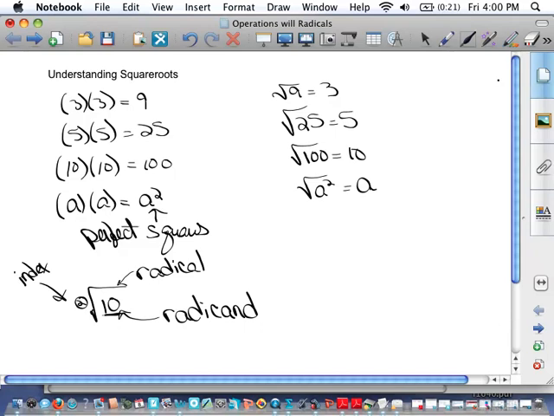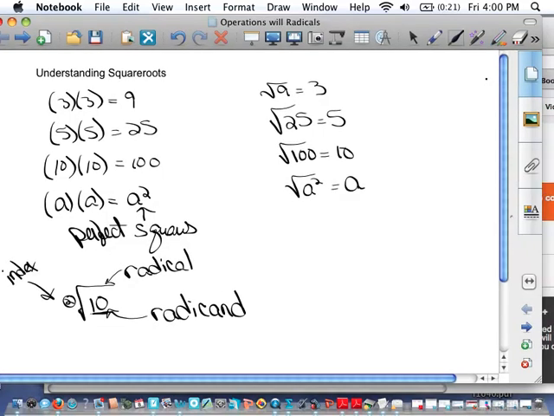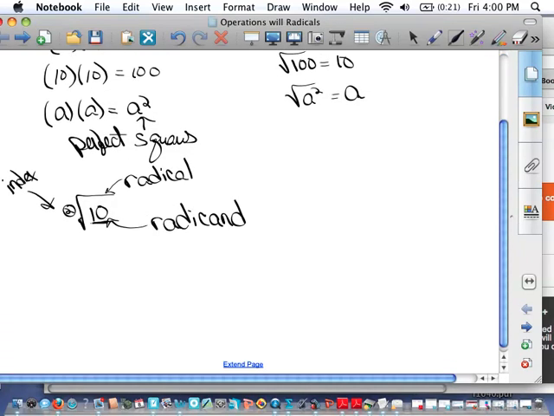Now in the process of simplifying radicals, we want to look for a perfect square and a non-perfect square. So if, for example, I have the square root of 50, I can break that down into a perfect square and a non-perfect square.